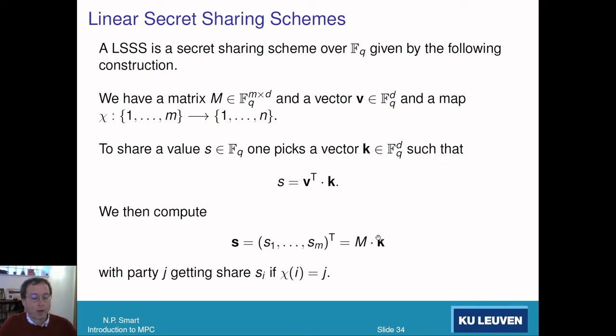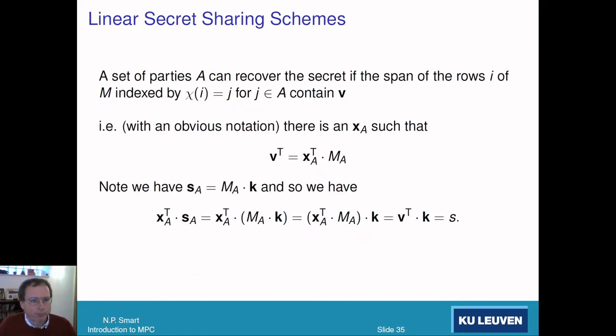That gives us the set of shares, but there are m of these shares and we've got n parties, and m is bigger than n. So what shares do we give to which parties? Which shares we give to which parties is defined by the function chi. In theory this is called a monotone span program, but we're just going to think of it as a linear secret sharing scheme.